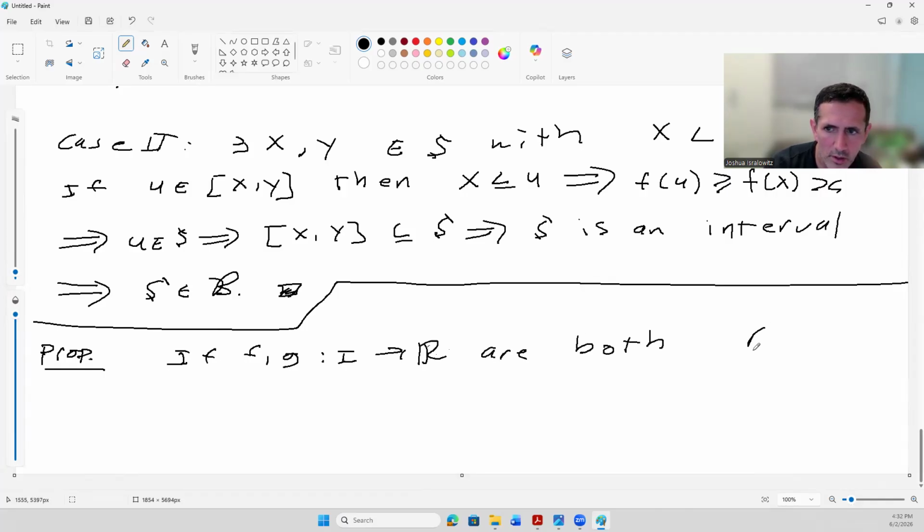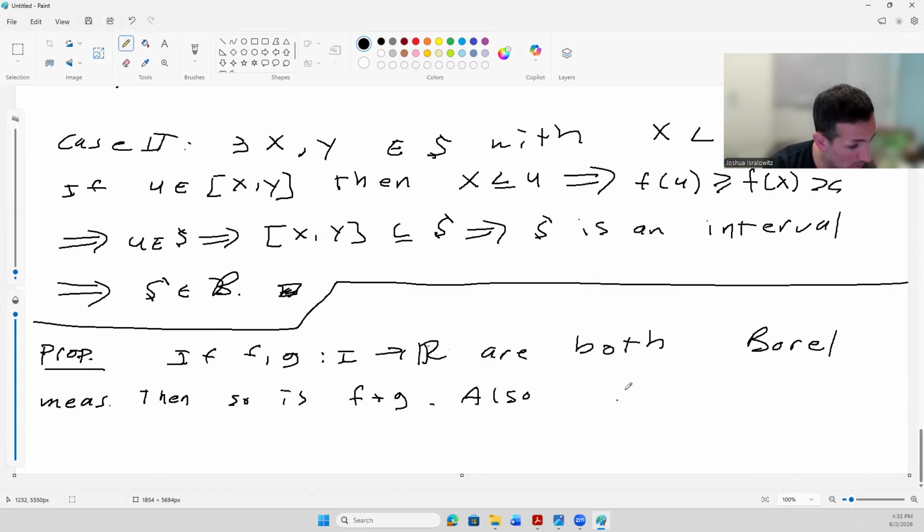both Borel measurable, then so is f plus g. Also, I'm going to prove it's trivial, also alpha f is Borel measurable, where alpha is just a constant.